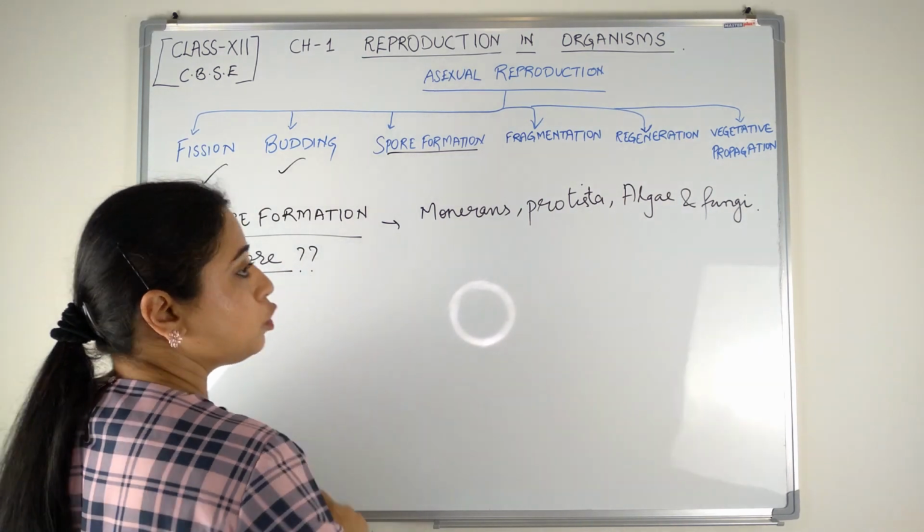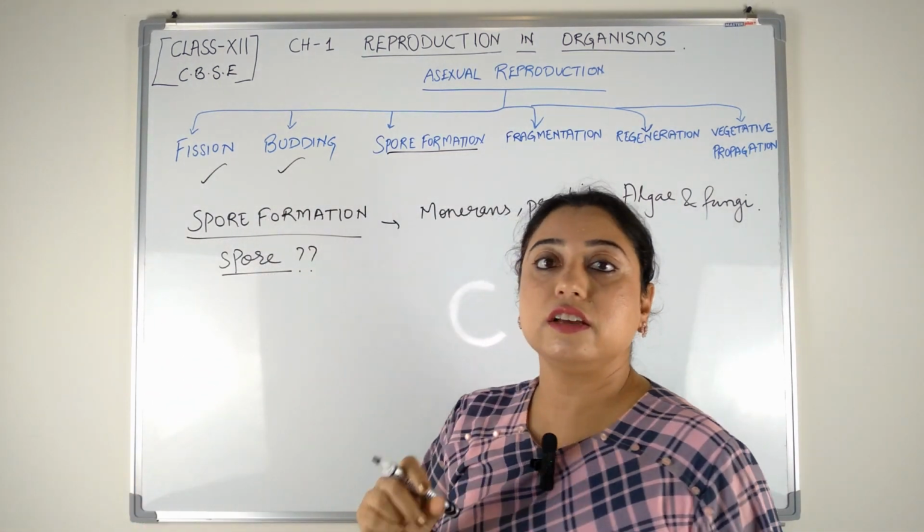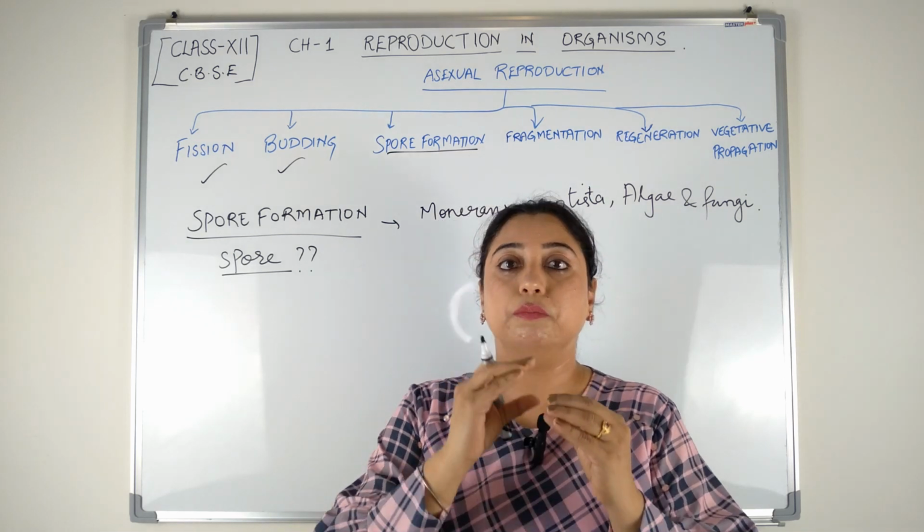So what is a spore? A spore is a very tiny rounded body.